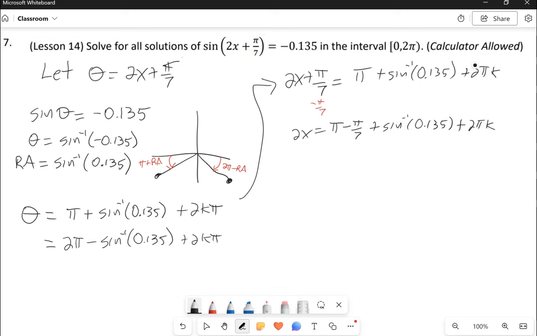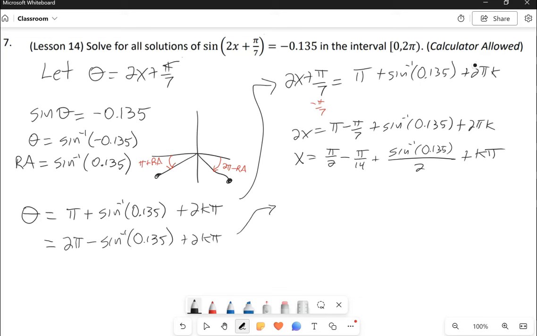And so dividing by 2, I get pi halves minus pi sevenths divided by 2. Pi sevenths times 1 half is pi 14ths. Then plus arc sine of 0.135 divided by 2, and plus k pi. All right, that's one of them.